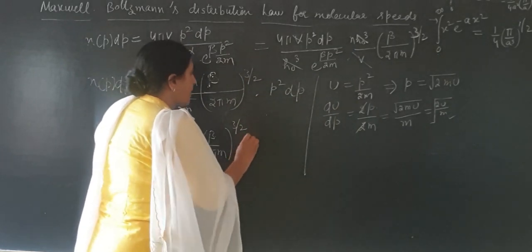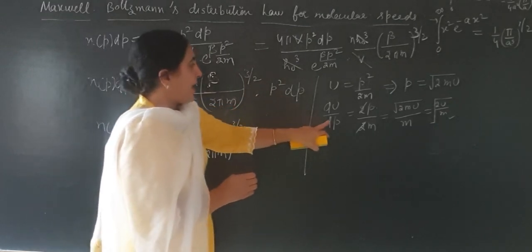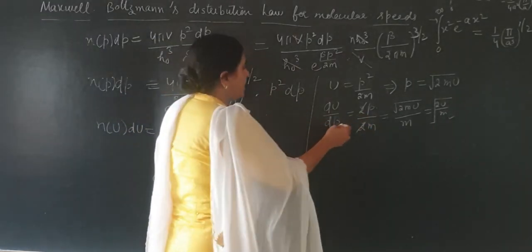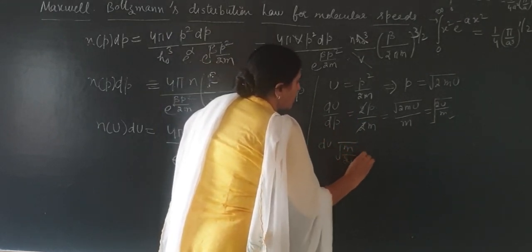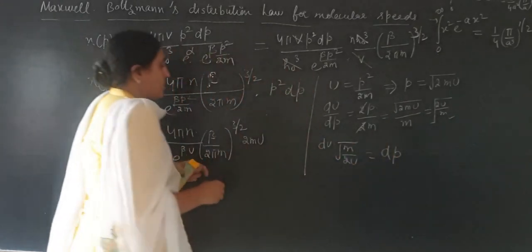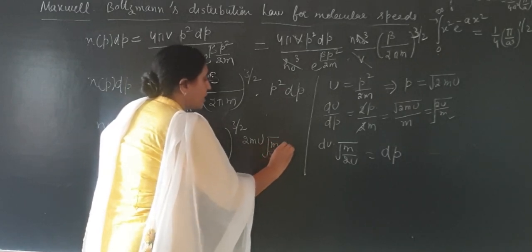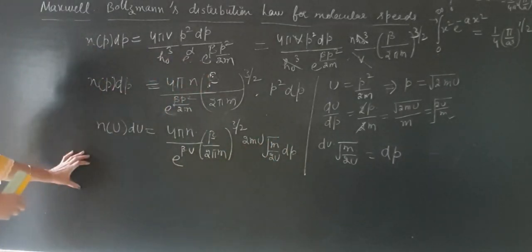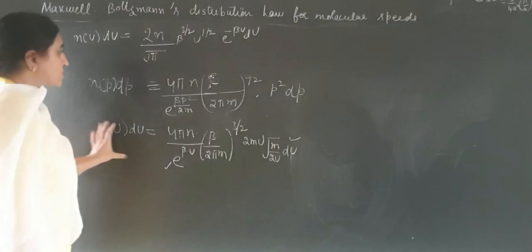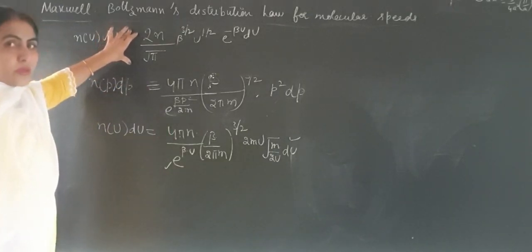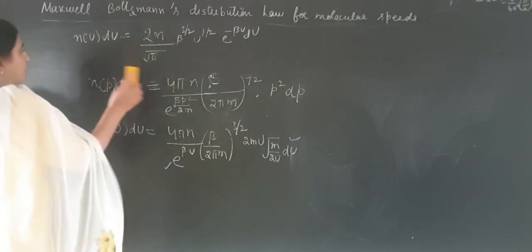And what about dp? Convert dp into du: dp is equal to under root of m upon 2u into du. Solve this, we will get n(u) du.